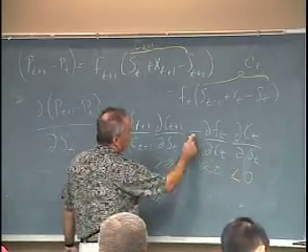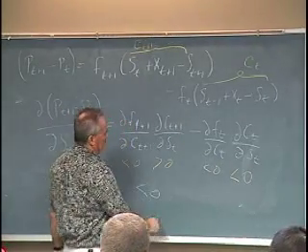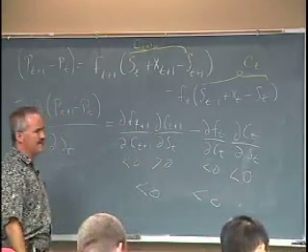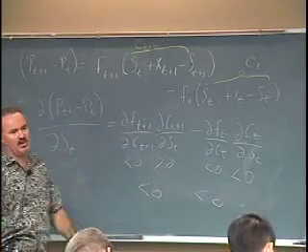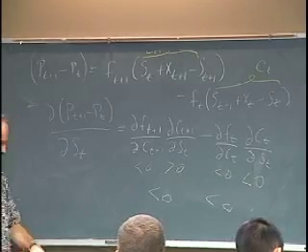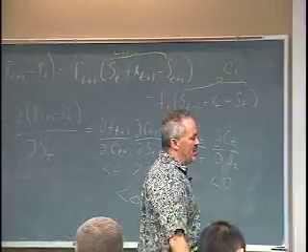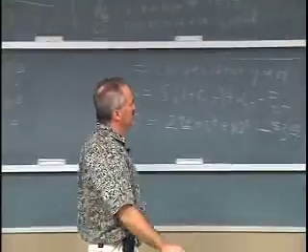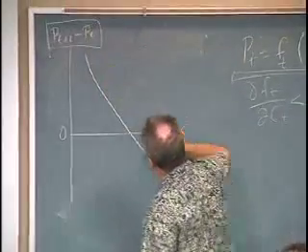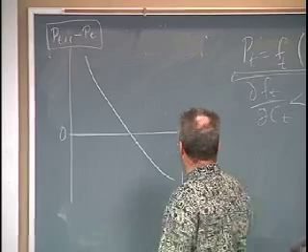We have a positive term with a minus sign. So the whole term is negative. Okay? So if we differentiate the price spread with regard to outgoing stocks, it's a downward sloping relationship. So I'll draw that curve and I'll label that D.